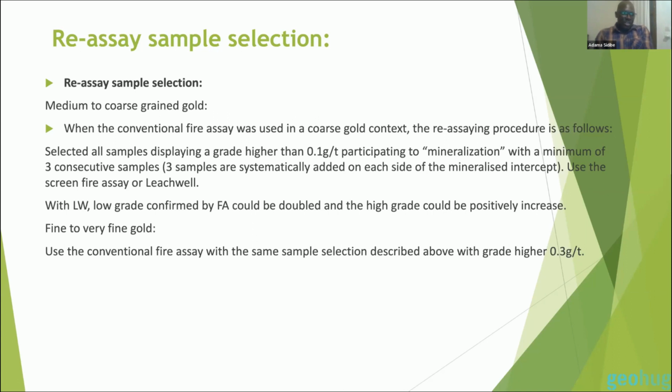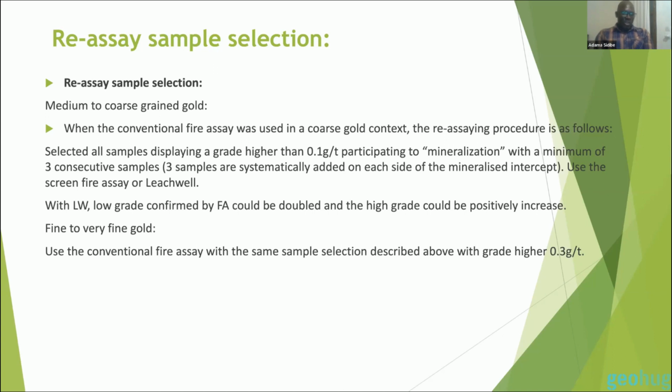As a result, with Leachwell, low grade confirmed by fire assay could be doubled. If we have 1 gram per ton with the conventional fire assay in coarse or medium grain gold, the screen fire assay or the Leachwell can give maybe 2 gram or 1.5 gram. And the screen fire assay could be positively increased too.